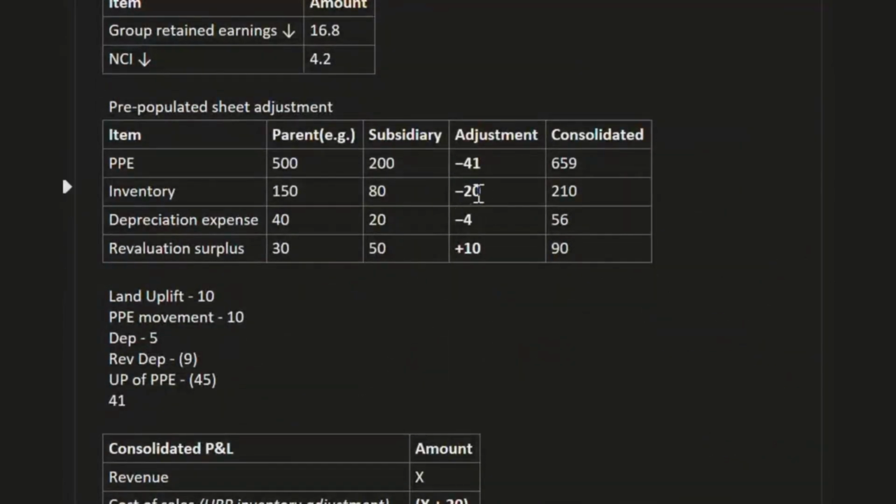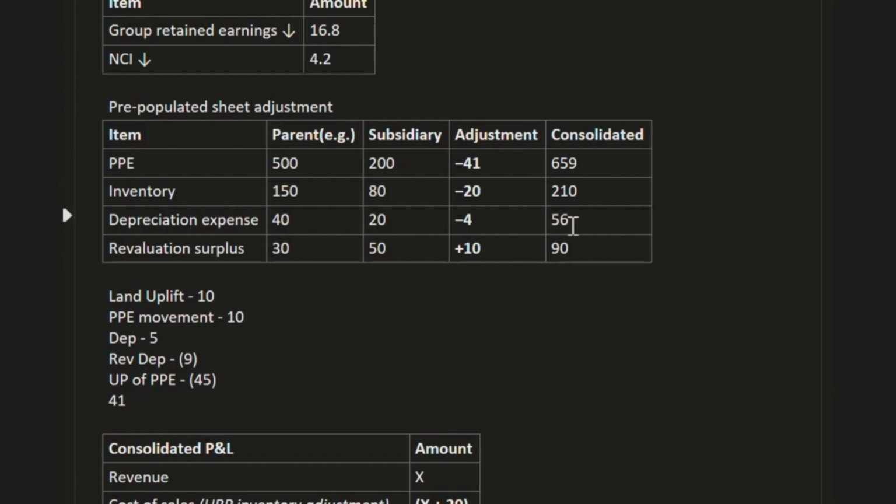Just need to subtract 20 from inventory. Depreciation expense we have minus 4. So minus 4 we have 5 we have depreciation and minus 9 we have depreciation in the reversal of depreciation. So depreciation will decrease, means we have less depreciation now, less depreciation value. Before that we have 60, now it became 56.